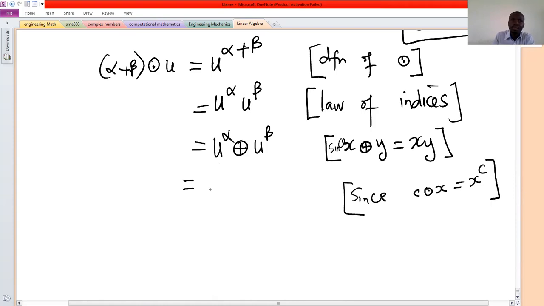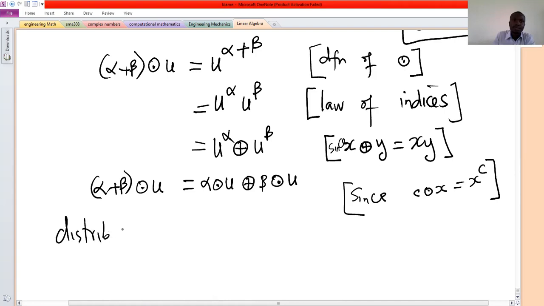So this is the same as alpha multiplied by u plus beta multiplied by u. And actually that's the property that you wanted to prove. So distributivity holds.